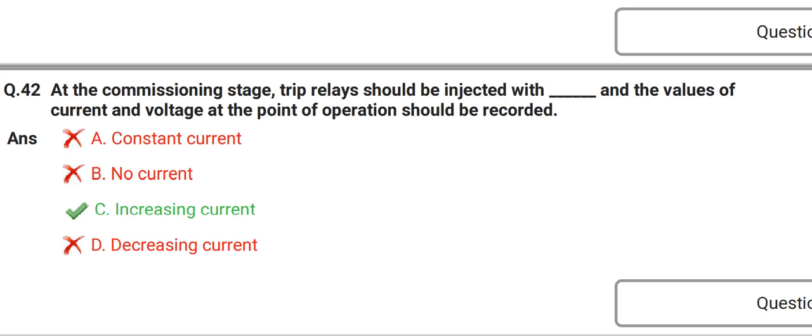Installation of protection relays at site creates a number of possibilities for errors in the implementation of the scheme. Even if the scheme has been thoroughly tested in the factory, wiring to the CTs and PTs may be incorrectly carried out. So here a trip relay should be injected with increasing current, and the values of the current and voltage at the point of operation should be recorded.